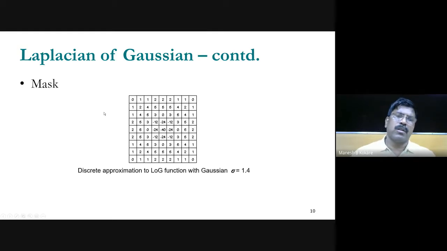The mask derived from the Mexican hat operator is like this, with the mask values given for sigma equal to 1.4. You get this mask, and then you just convolve it with the original image.